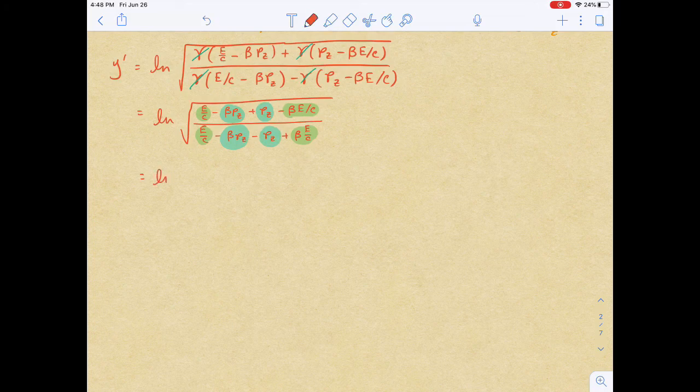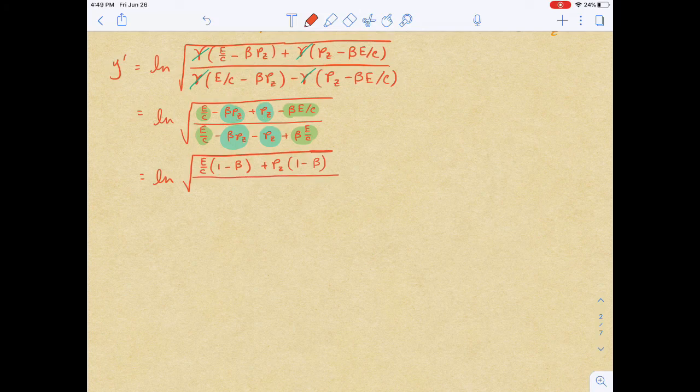So natural log of square root of, I'm factoring e divided by c out first, 1 minus beta. And then pz, 1 minus beta. I am first taking out of here, then here.